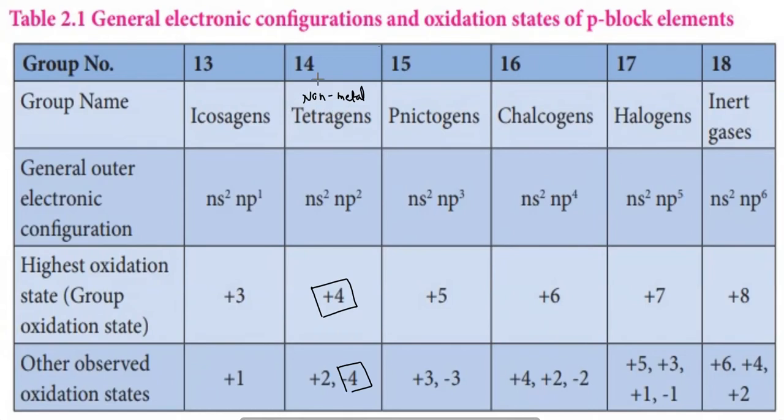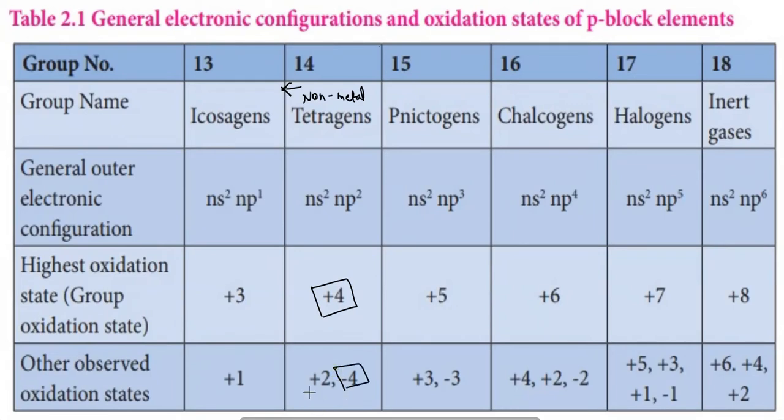So when they are bonded with a covalent bond with the elements present on the left hand side of the periodic table, they will behave as more electronegative elements in comparison to those elements, and hence they will show the -4 oxidation state.